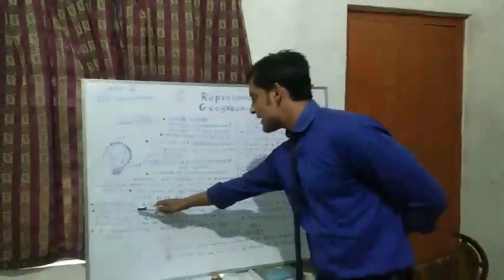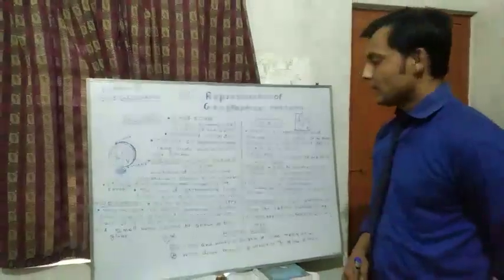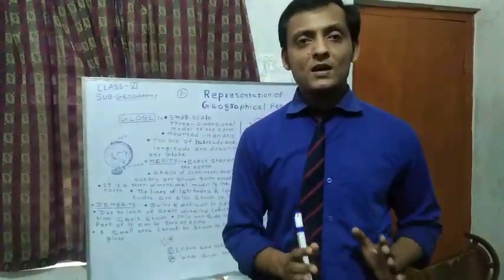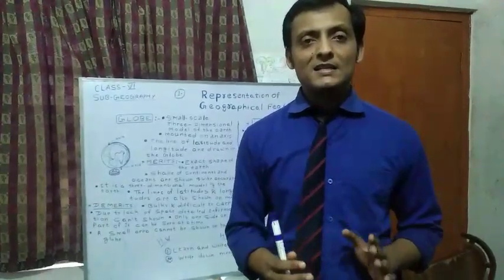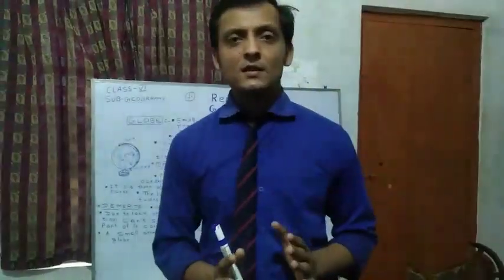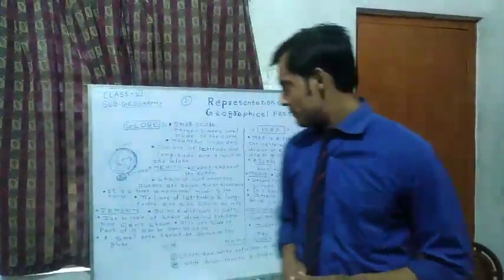Next, let's see some demerits of the globe. Unlike maps, globes are bulky and inconvenient to carry. Bulky means it covers space. That's why it is very difficult to carry.